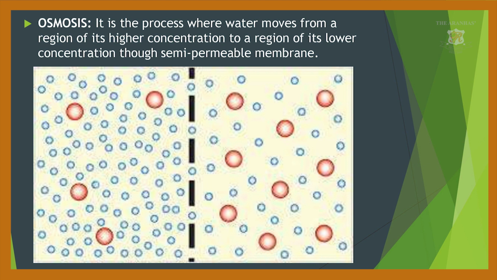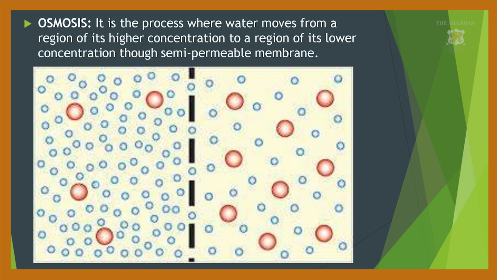So here we can clearly see the number of bubbles is more on the left hand side and very few on the right hand side. So the first part of osmosis is the process where water, now we are considering these bubbles as water molecules, moves from its region of higher concentration.